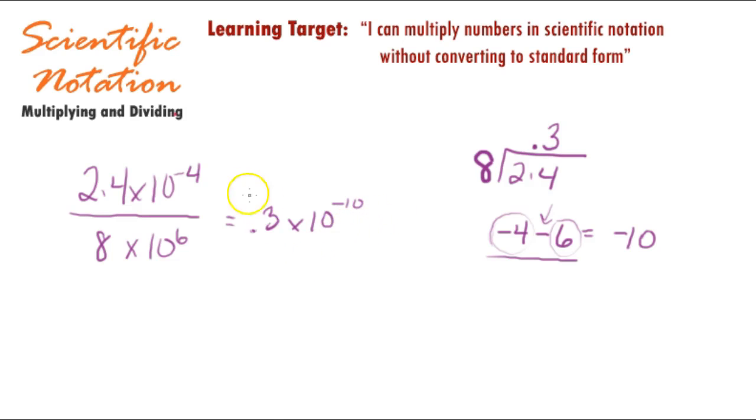Okay, now we have a problem though, because I don't have any digit before the decimal, and I need one. So I'm going to have to move this to the right, and I get 3 times 10 to the, okay, and here's where the hand rule comes in. So let's see if I can draw my amazing hand here. Here's my thumb, here's my finger pointing down, here's your other fingers. There we go. So it makes a little R. When you move the decimal to the right, like we did, the exponent goes down.